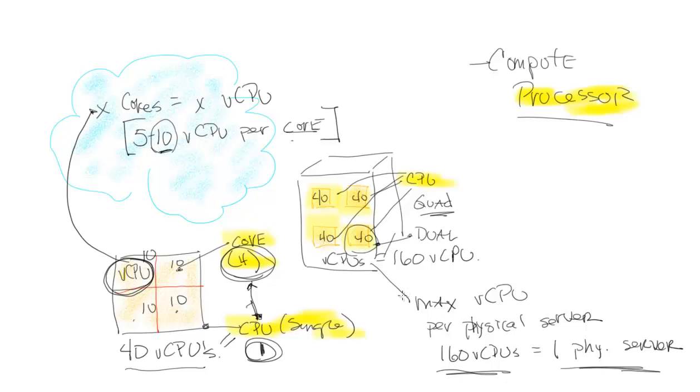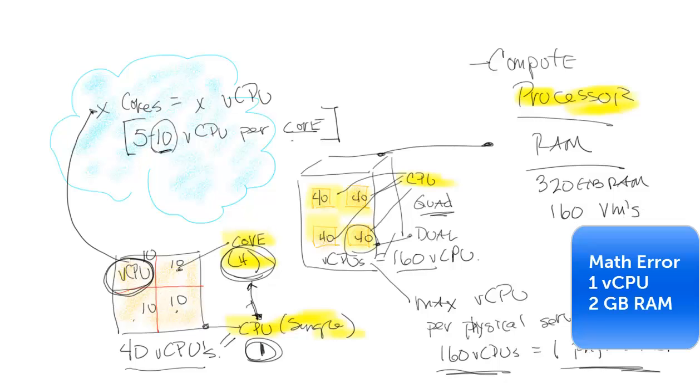And then the next thing you have to worry about, of course, is RAM. So you're going to have to say to yourself, how much physical RAM will this physical server hold? Well, let's say that it holds 320 gigabytes of RAM. That means, on average, you could have 160 VMs that are configured as 1 virtual CPU and 1 gigabyte of RAM.